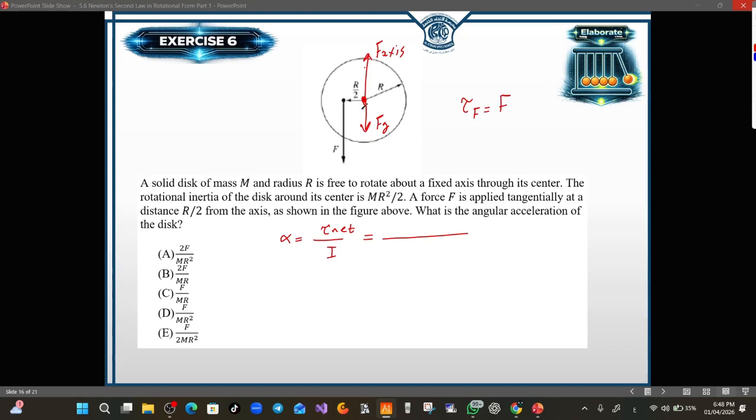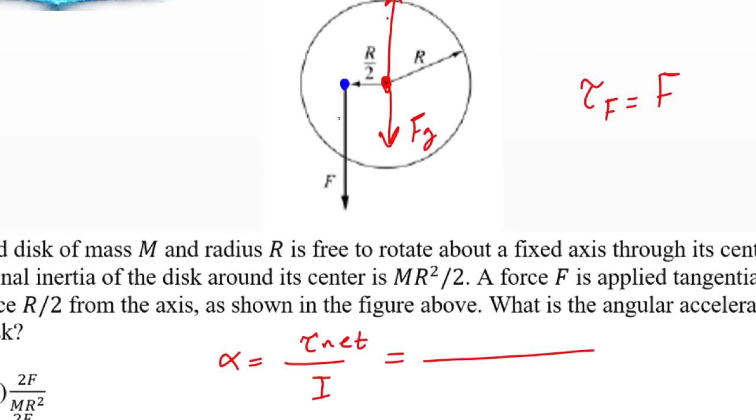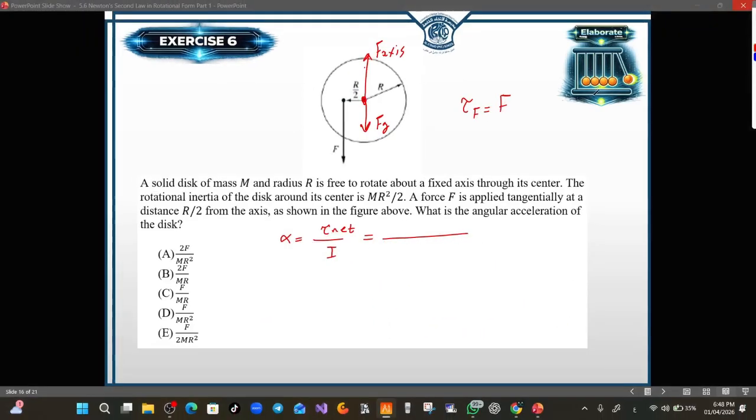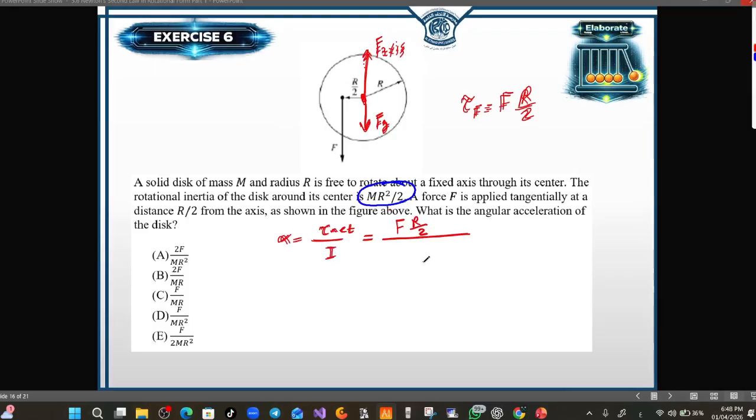Now the distance represents the distance between the point of application of the force and the pivot, and the distance here is r over 2. So we write F times r over 2, over I, and the I is given by Mr squared over 2.